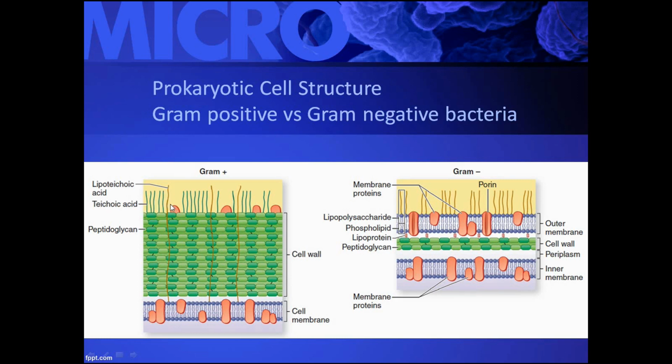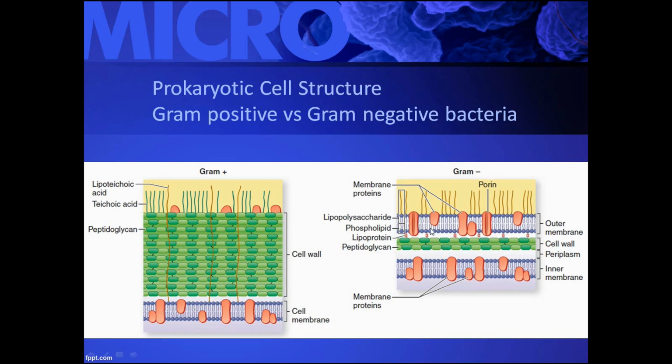These teichoic acids are of two types. Those attached to the peptidoglycan layer, we call them wall teichoic acid, and those that attach to the cell membrane, we call them lipoteichoic acids.